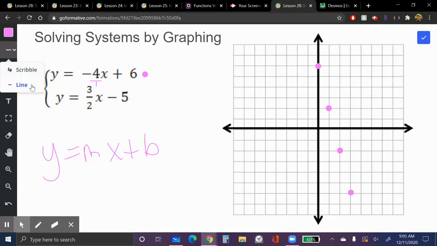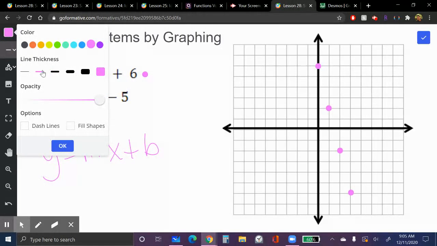Then I change the thickness of my line, and I connect all those points, and you make sure you have your arrowheads. Let's try that again.